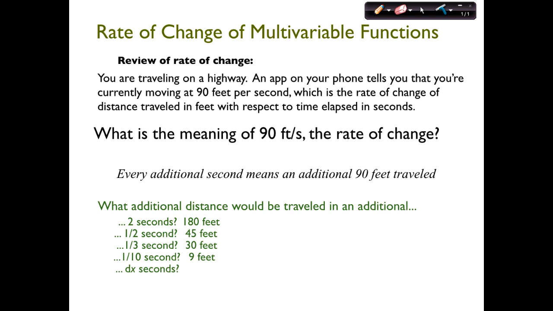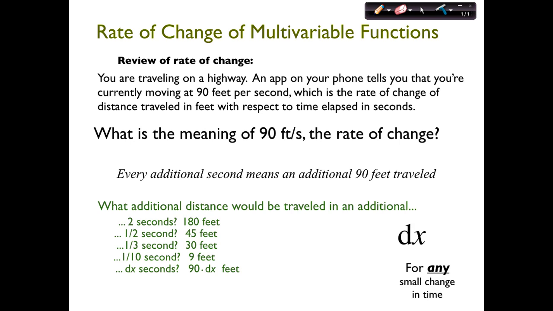In a half a second, how are we getting these distances? What do you do to the number of seconds elapsed to get the number of feet? Multiply by 90. So therefore in dx seconds you go 90 dx feet. So you know so much more than how far you go in 1 second. You know how far you go in any variation of time, by multiplying it by 90. So that's a good meaning for the rate of change.